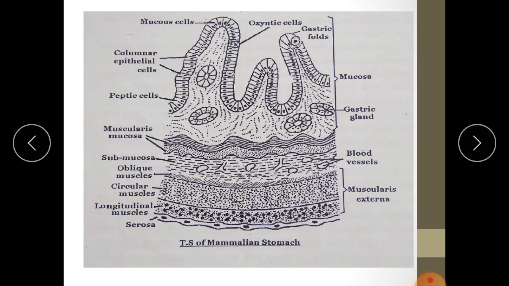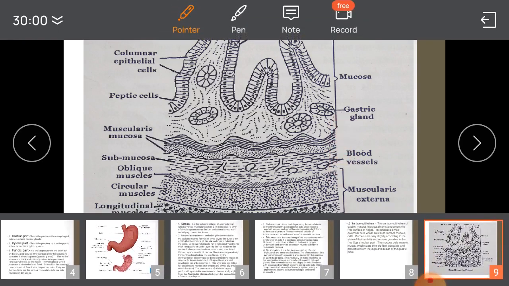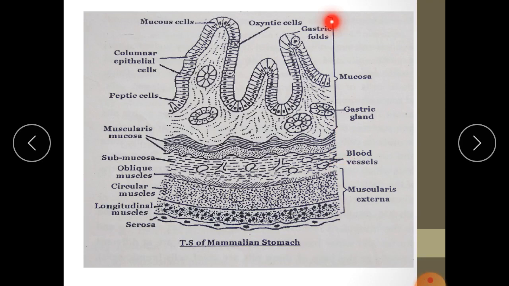Here you can see, this is the outermost layer, serosa. Next to this one is muscularis externa, from here to here. And from here to here, submucosa, and from here to here, mucosa.